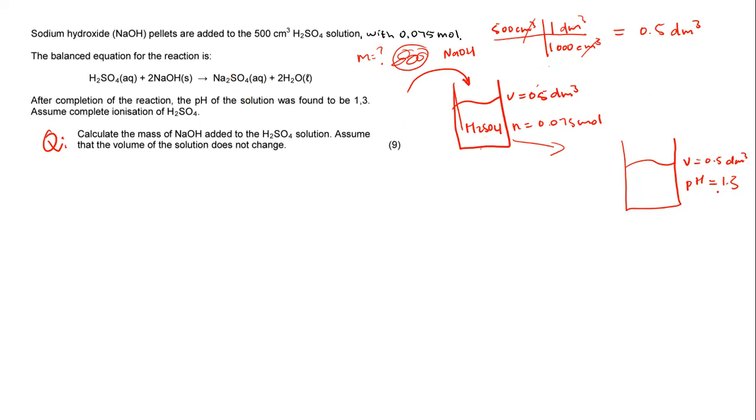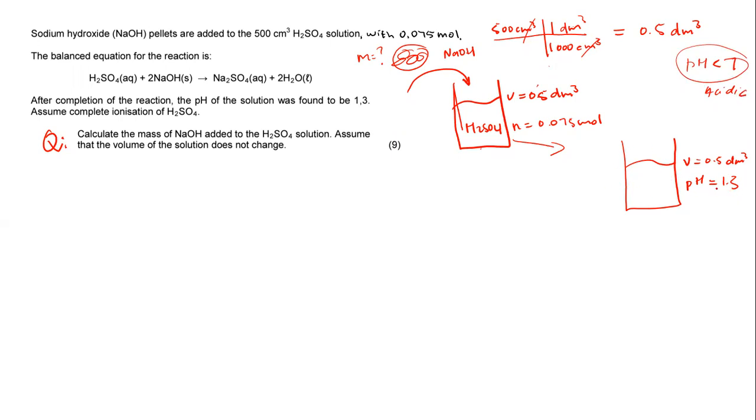Now, for a fact that the pH is 1,3, what does that tell us? Now, from the basics of acids and bases, we have learned that when the pH becomes less than 7, our solution becomes acidic. Now, for a fact that our pH in this solution is 1,3, that means the whole solution is acidic.